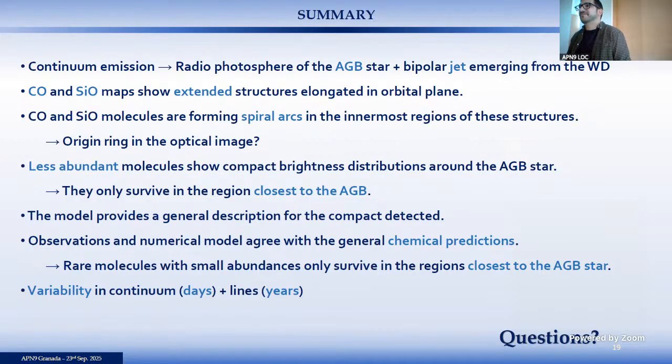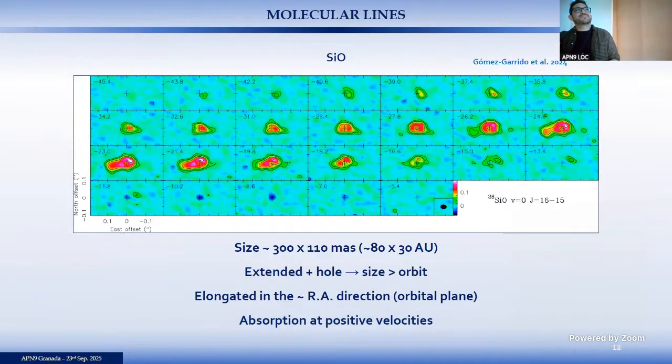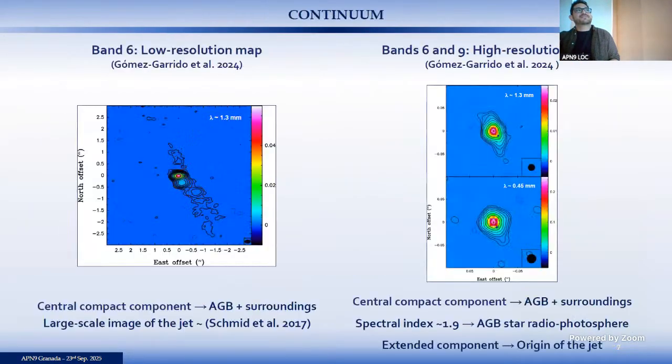You interpreted the millimeter continuum emission as arising from a radio photosphere. But would that be consistent with the very fast change that you're seeing in the continuum flux? Yeah, you mean this one, right? That's a very good question.